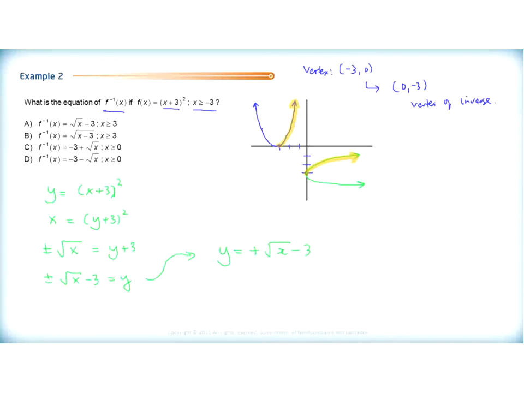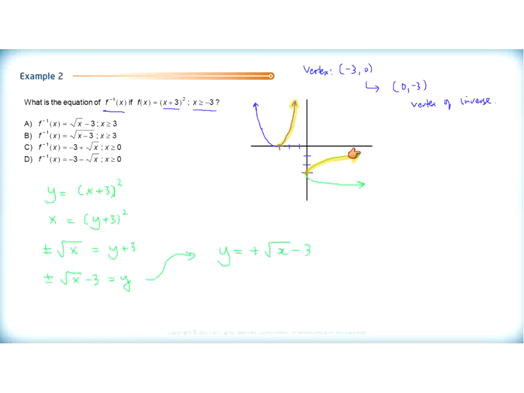Now, let's look at our four answers here. y equals the root of x subtract 3. Oh, that's the same thing there. Negative 3 plus the root of x. That's the same as that. So, okay, these two are definitely not correct. So we're down to A or C here. What else is different here? Well, this one's got a restriction of greater than or equal to 3. This one's got a restriction of greater than or equal to 0.